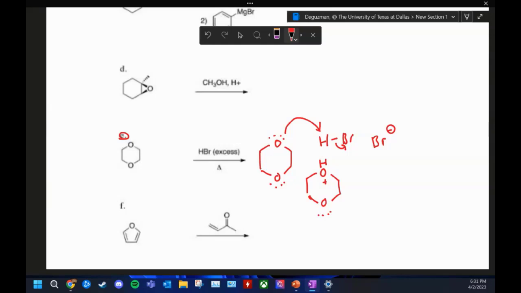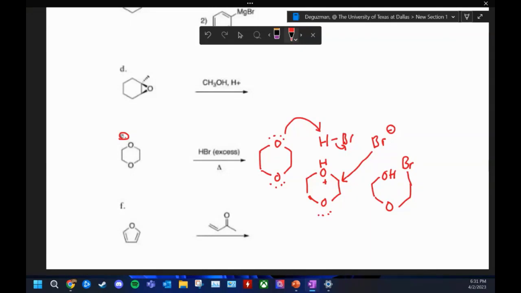Now we can just attack it on either side. So we make one product, something like this.